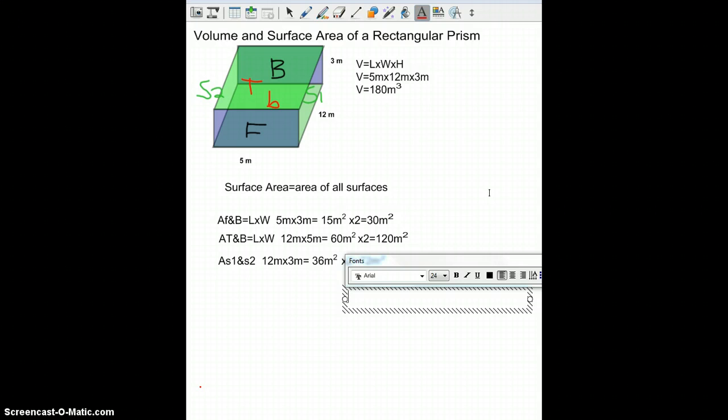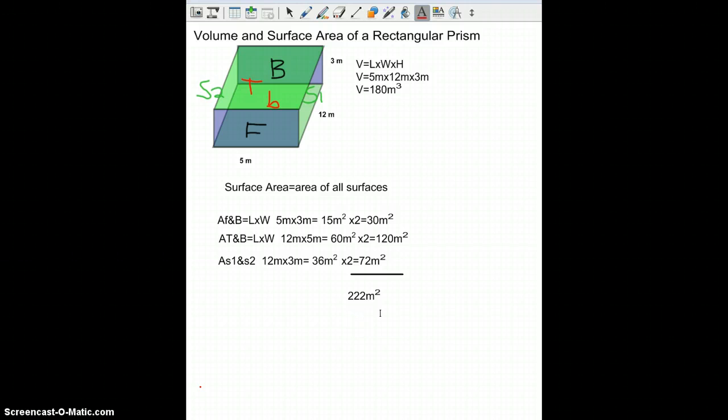Come on guys, you can figure this out. 192 plus 30, yes, it's 222 meters squared. And that would be our total surface area.